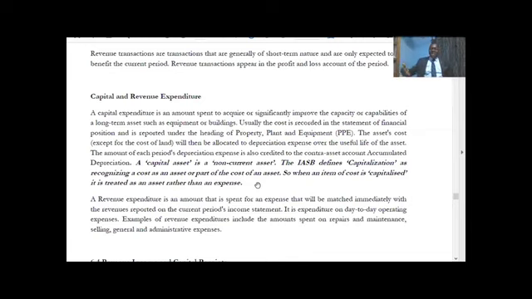So when you say, I'm capitalizing this, it means that you are considering the value of that item as a capital expenditure, and therefore you need to spread the cost over the period that it will benefit the organization.